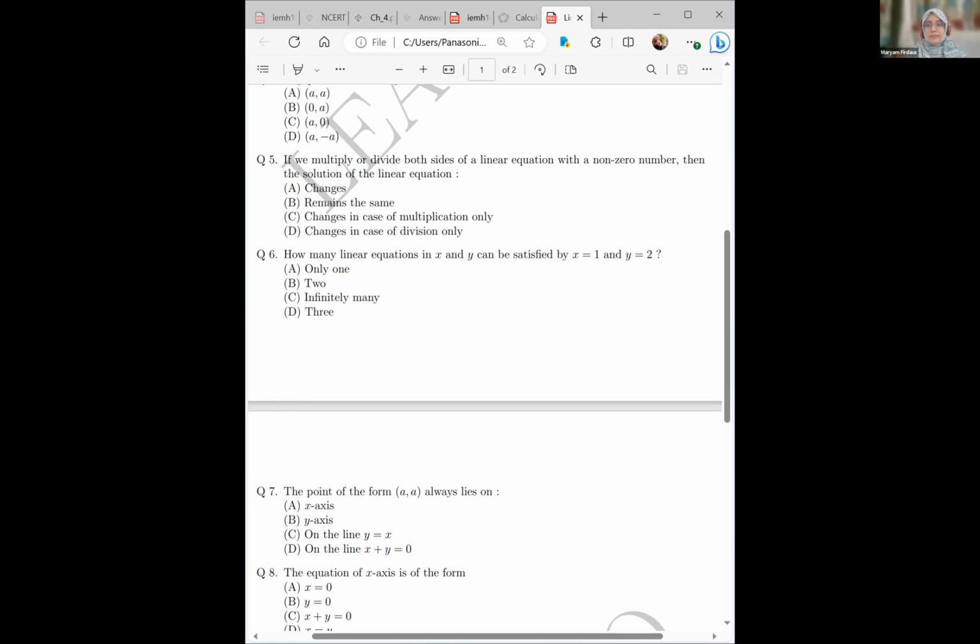Preshita, for example, x plus y, so 1 plus 2 equals 3. Then we can have 2x plus 3y, so 2 plus 6. Avni, you said infinitely many. The reason is that you can make many such combinations.